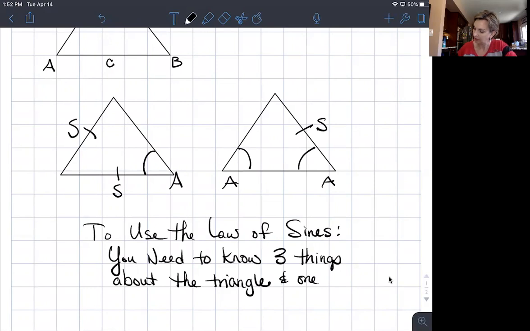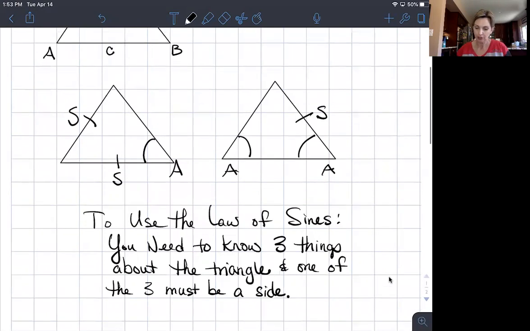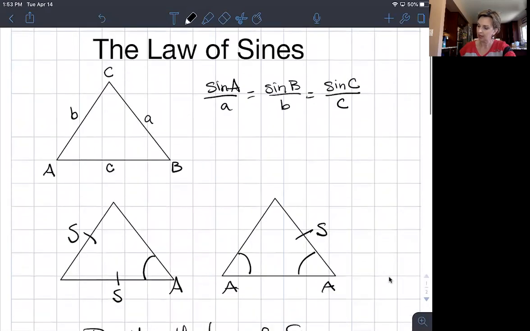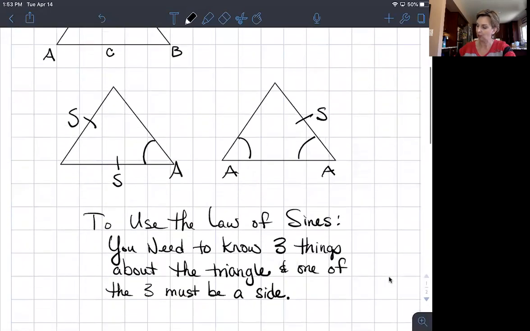One of the three must be a side. Meaning, all three of those things can't be an angle. All right?